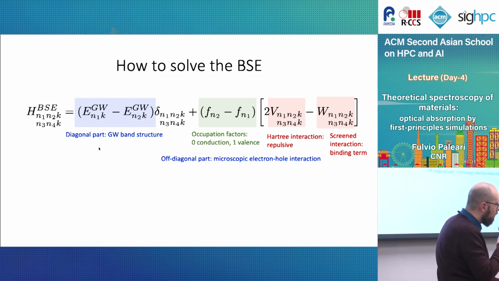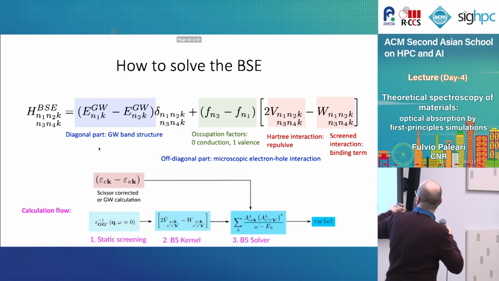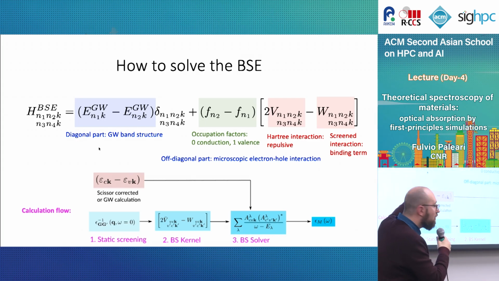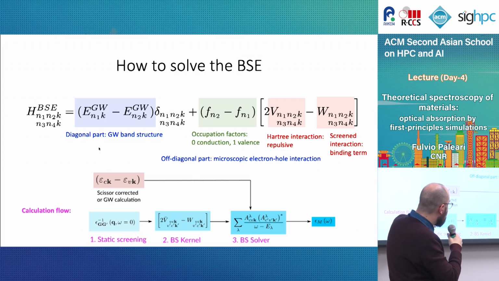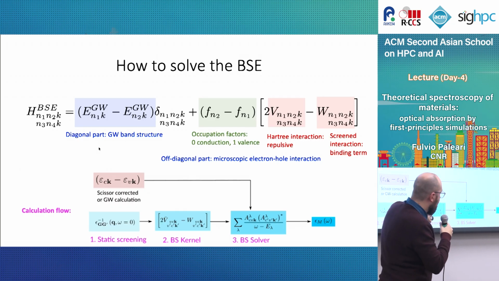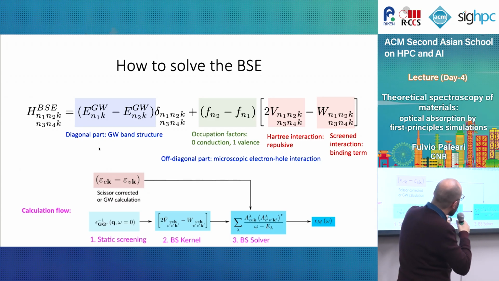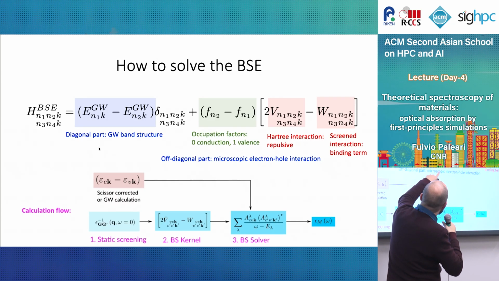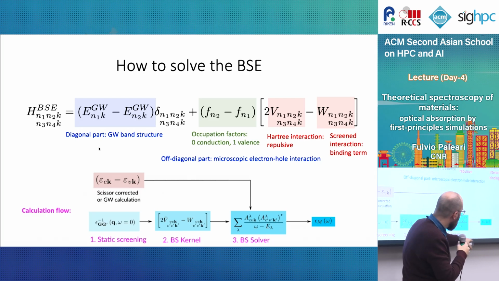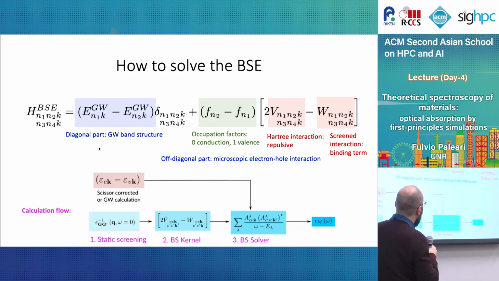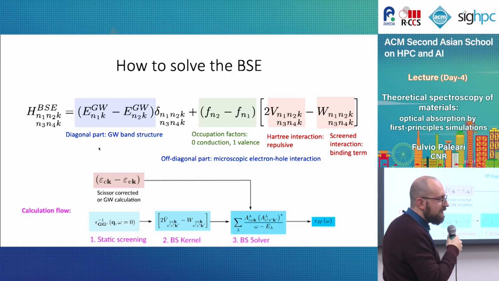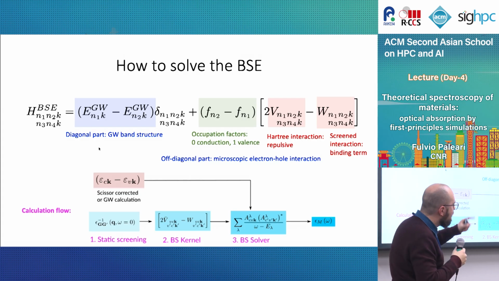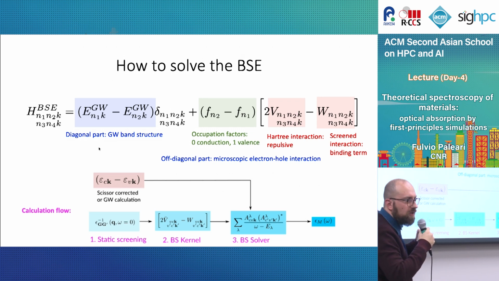So the calculation flow will be like this, no? We do maybe a GW calculation, we first compute the static screening, then we build the kernel, this we will do in the tutorial. And then from the kernel, we diagonalize all of this, and finally, we obtain the epsilon, okay? Whose imaginary part gives the absorption. Or instead, the imaginary part of the inverse gives electron energy loss spectra, for example.